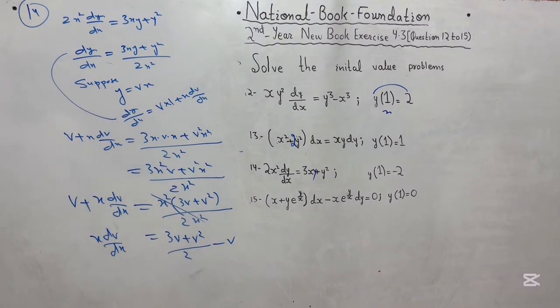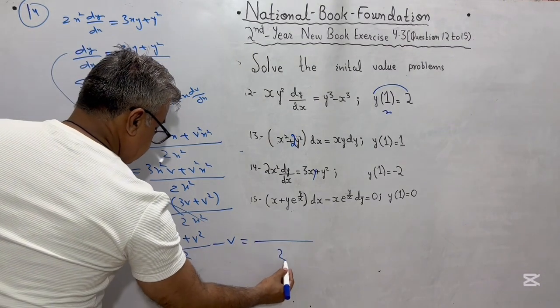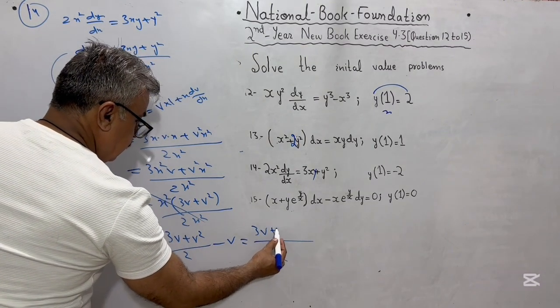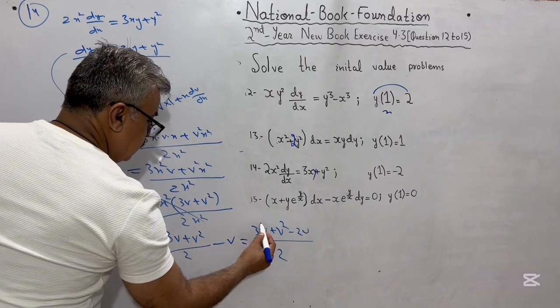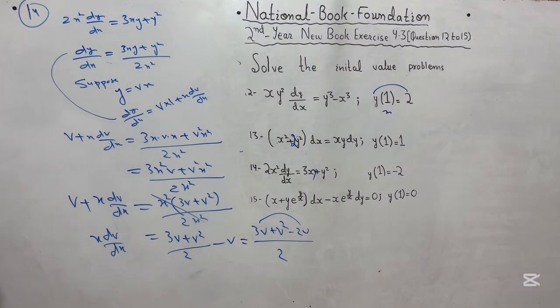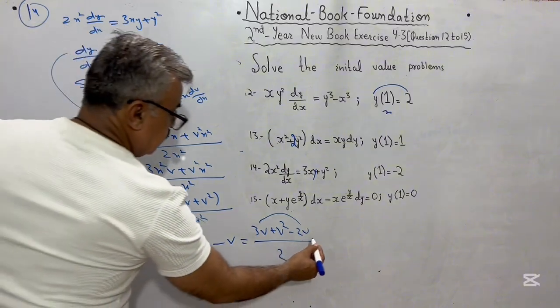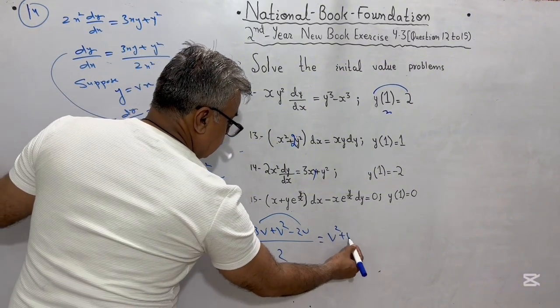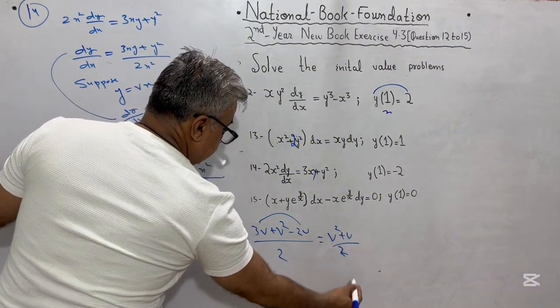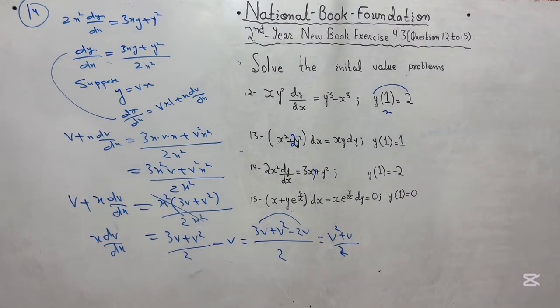Taking LCM, we have 3v plus v square minus 2v. 3v minus 2v, we are left with only v. We have v square plus v over 2. Now it is a separable differential equation.